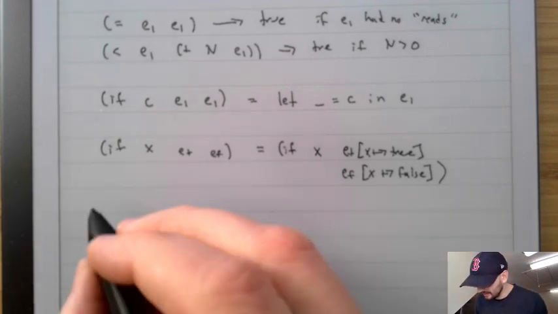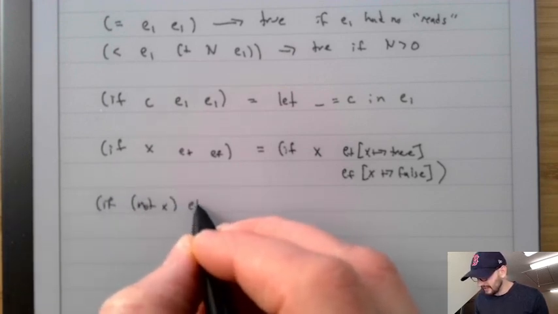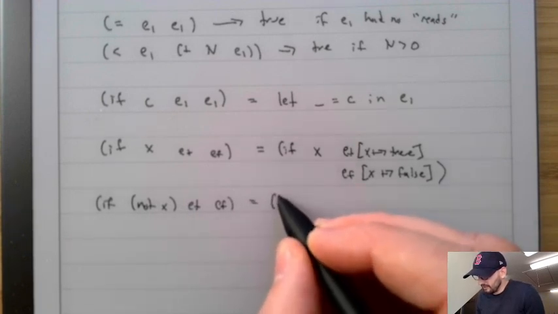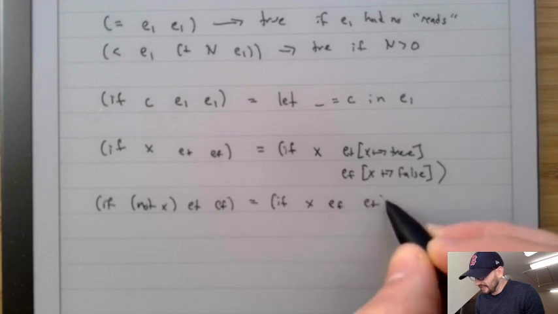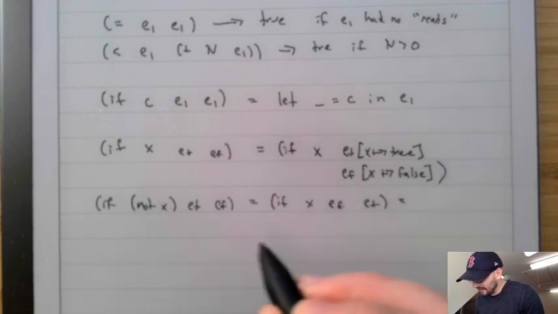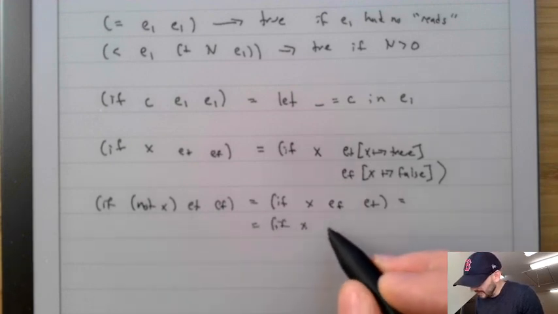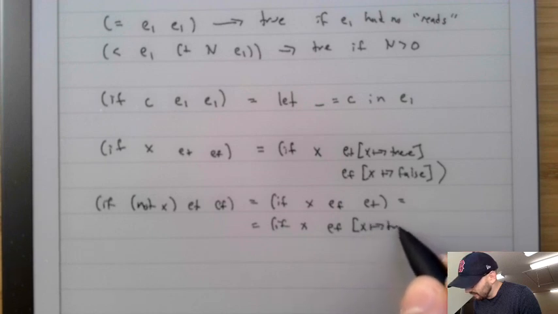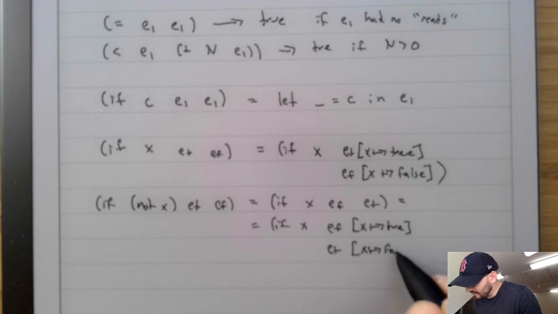What I'm saying is that if you want to do if not x, et, ef, then you could turn this into first if x, ef, et, then turn that into if x, where in e false you find all the x's and replace them with true, and in et you find all the x's and replace them with false.